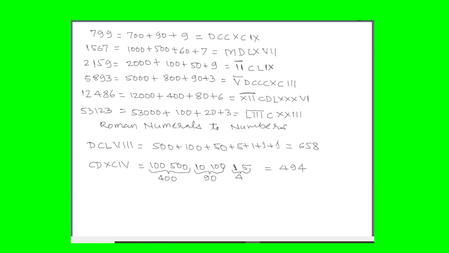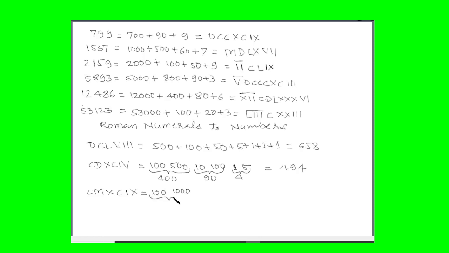Now we go to one more question. CM XCIX. C is 100, M is 1000. Now we find that 100 is a smaller number which is on the left of a larger number 1000.